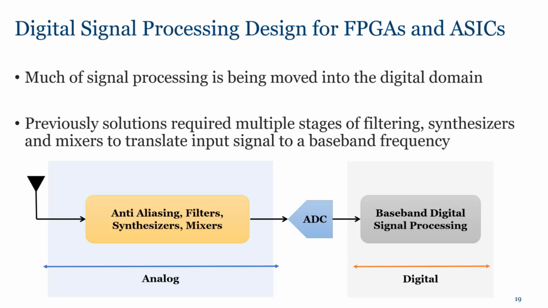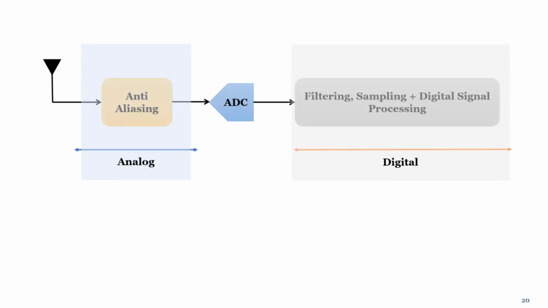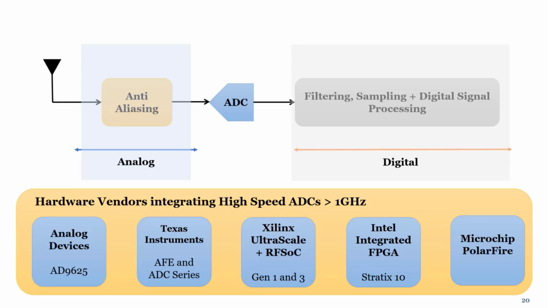So what we see now is that the hardware vendors themselves are including some high-speed ADCs that are running above 1 gigahertz, and it's more and more. We are having higher and higher speed with ADCs and a newer generation of these boards.